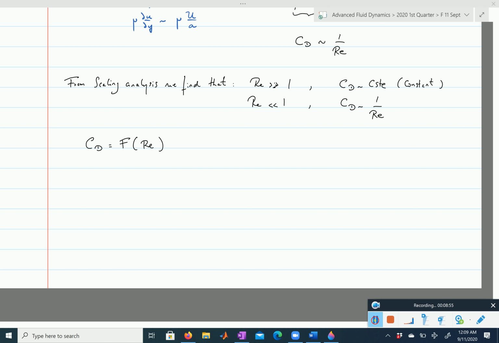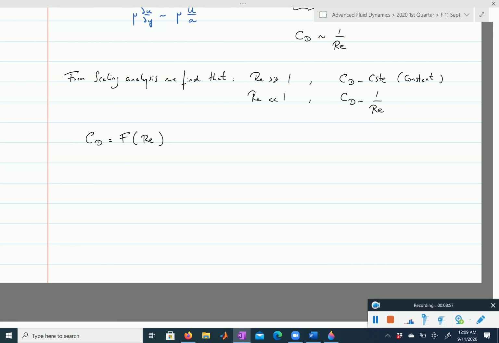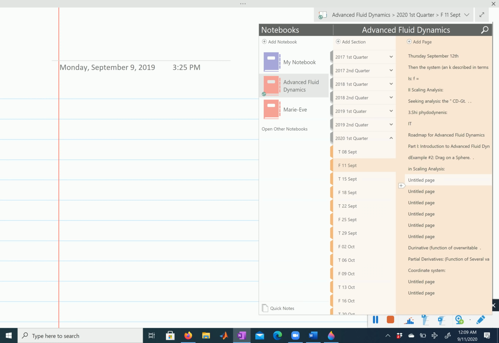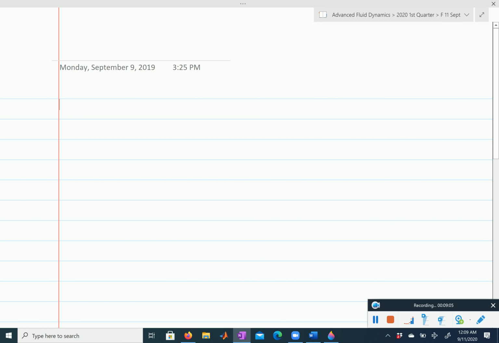And those scaling laws oftentimes are best visualized on log-log plots. So just briefly, what is a log-log plot? In this case, for instance, we know that our drag coefficient is going to be a function of the Reynolds number, right?